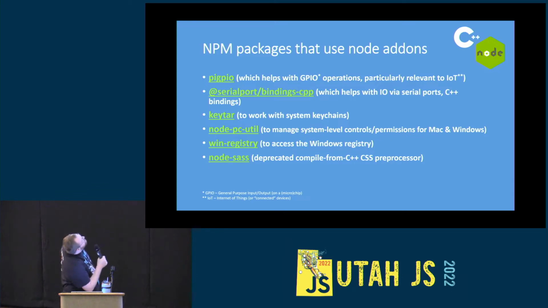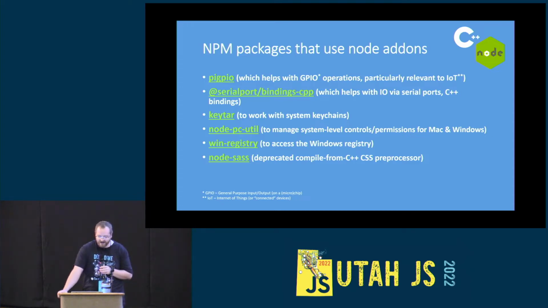Some quick examples of different packages that use it. Things like GPIO operations on IoT, which are at the system level. You also have IO through serial ports with C++ bindings.